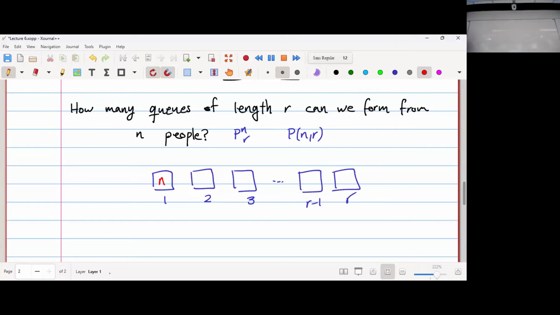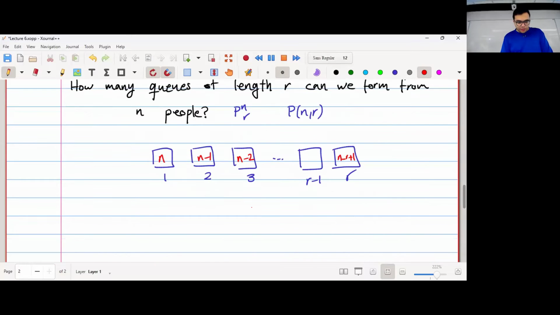So I have n minus 1 choices for the second place. And you see that the same argument just continues. I can have n minus 2 choices for the next one. How many choices can I have for the r-th place? Yes. So I just multiply all of these numbers.